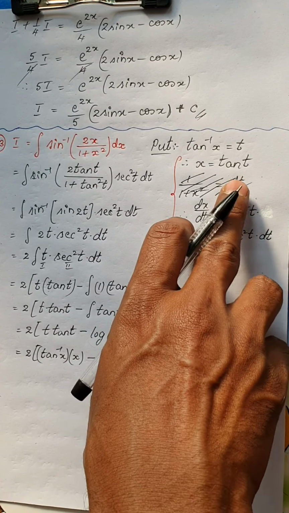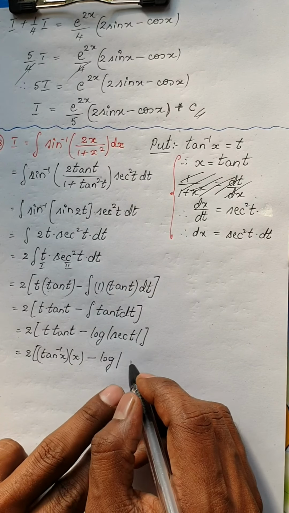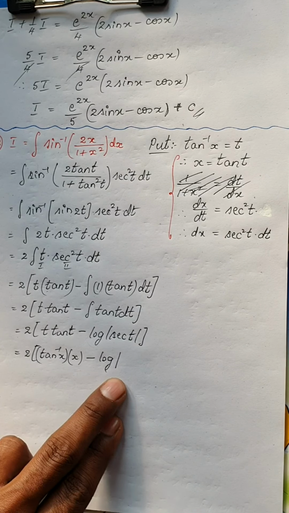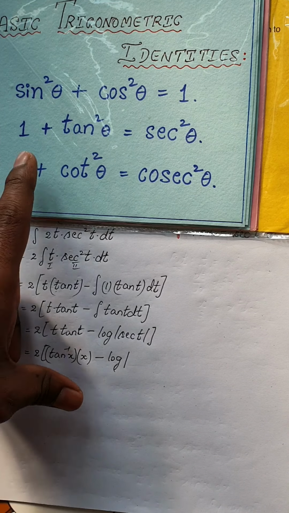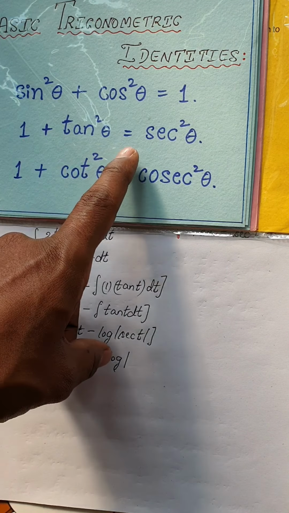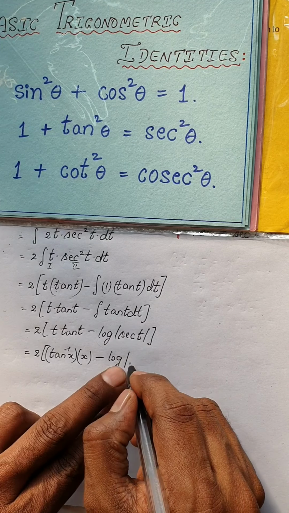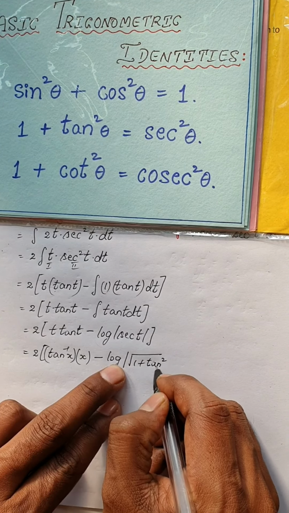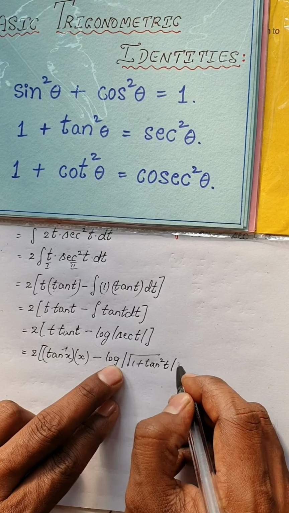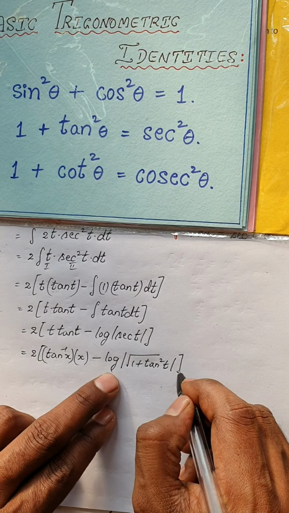I don't have secant t anywhere here. Rather, I can write secant t as, any guesses for secant t in terms of tan? The standard result of trigonometry, 1 plus tan square is secant square theta. So secant t can be written as root of 1 plus tan square t, plus c.